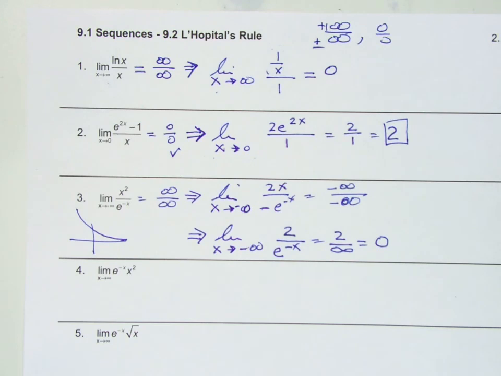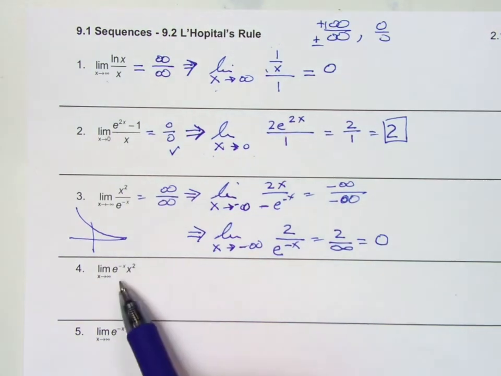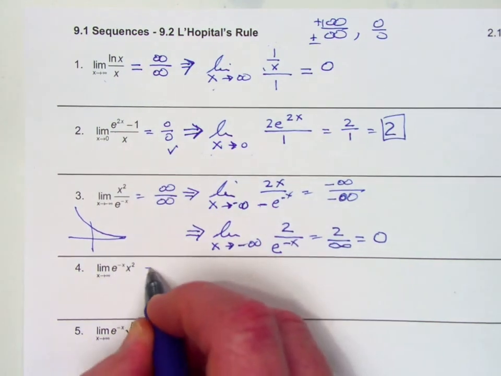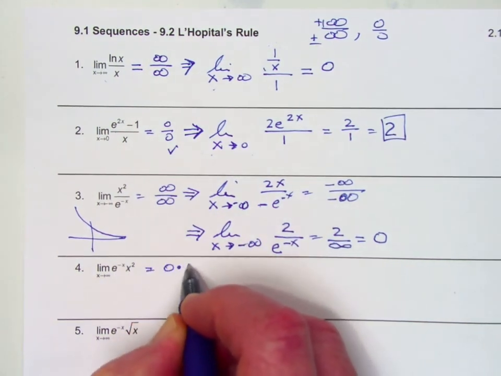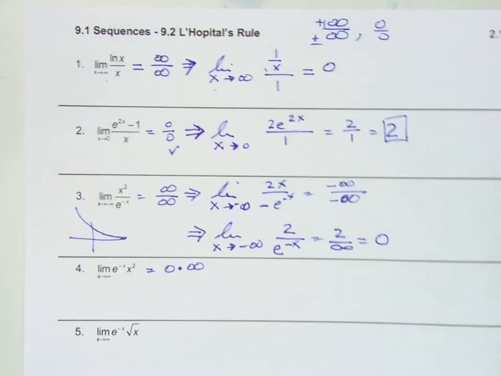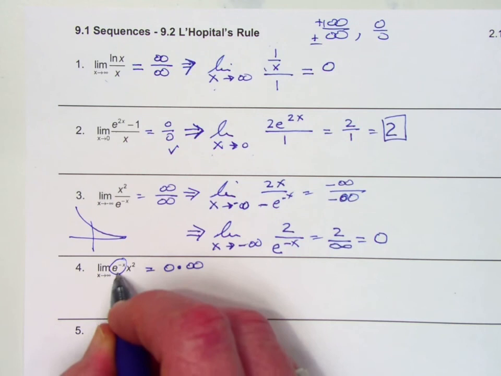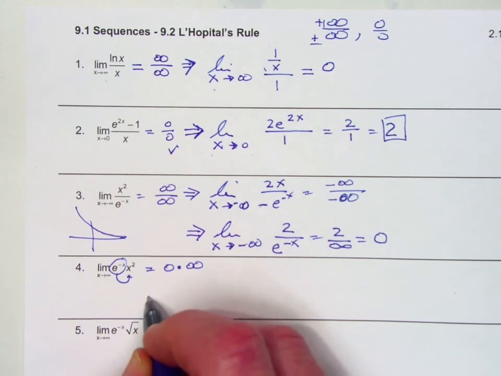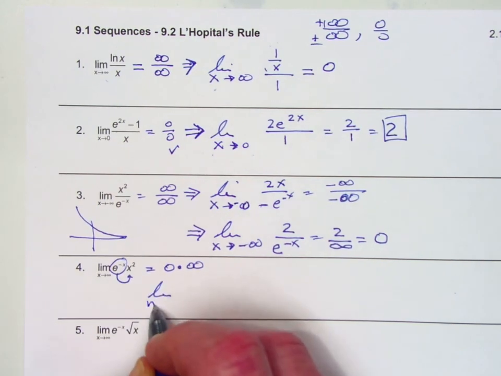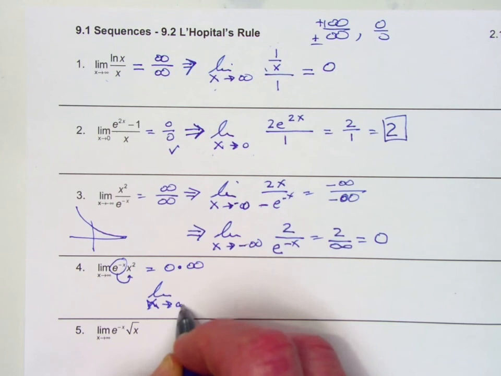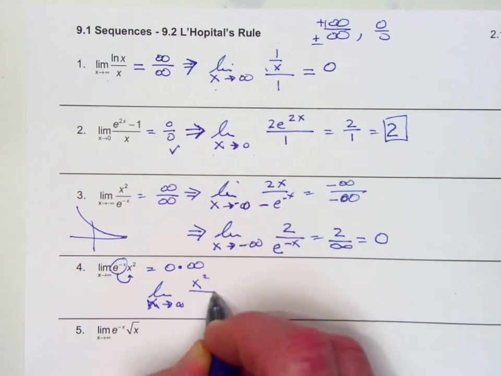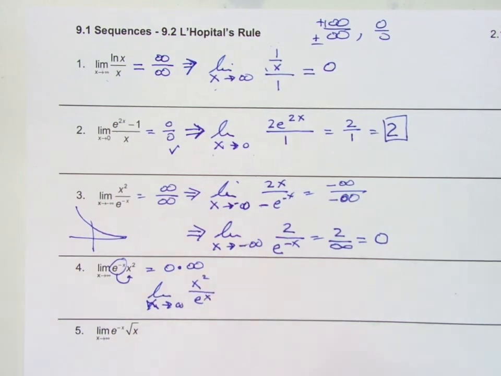All right. So if I do number 4, as x goes to infinity on this one, I get 0 times infinity, but that's not one of our forms. Okay, so we're going to manipulate this and put this on the bottom and just rewrite it. The limit as x approaches infinity, and I get x squared over e to the positive x then.